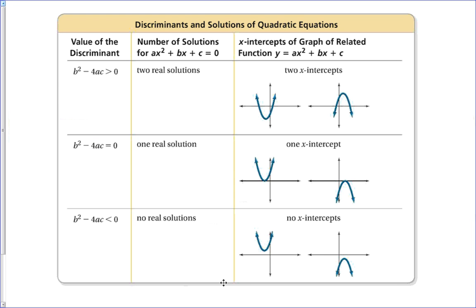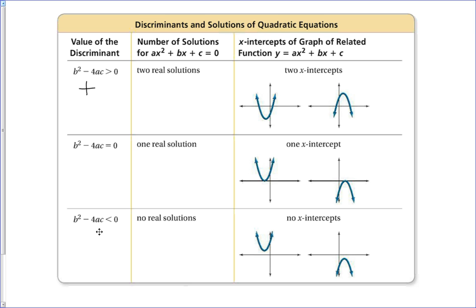Here's a little visual of what I just said. If your discriminant is positive, you're going to have two real solutions, meaning it crosses the x-axis twice. If your discriminant equals 0, you have one real solution, so it touches the x-axis, and there's only one intercept.